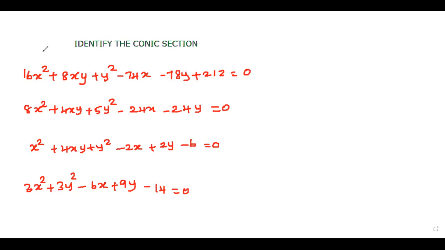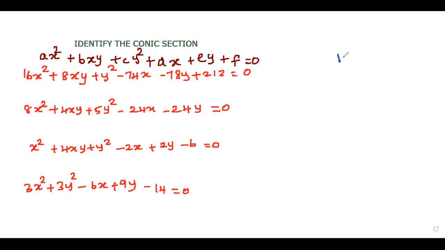Let me write the general form of this: Ax squared plus bxy plus cy squared plus dx plus ey plus f equals 0.